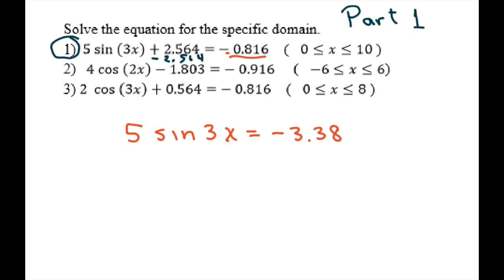Then you divide both sides by 5, so you get sine of 3x equals negative 0.676. Okay, so this is our primary angle, 3x.